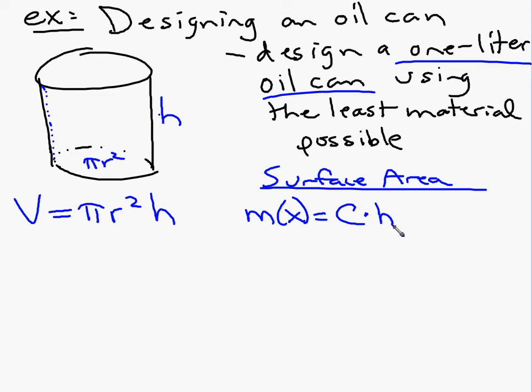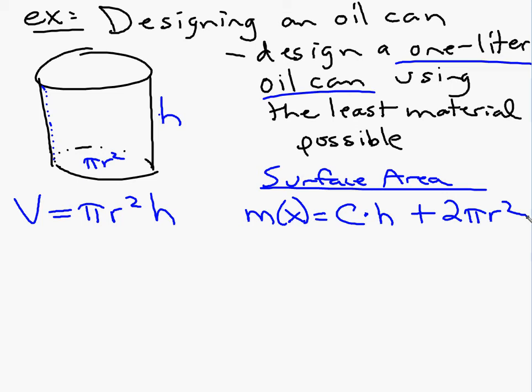That will give me the area of the tall part. And then don't I have a top and a bottom? So I'm going to have to add 2 circles, a top circle and a bottom circle for the can.